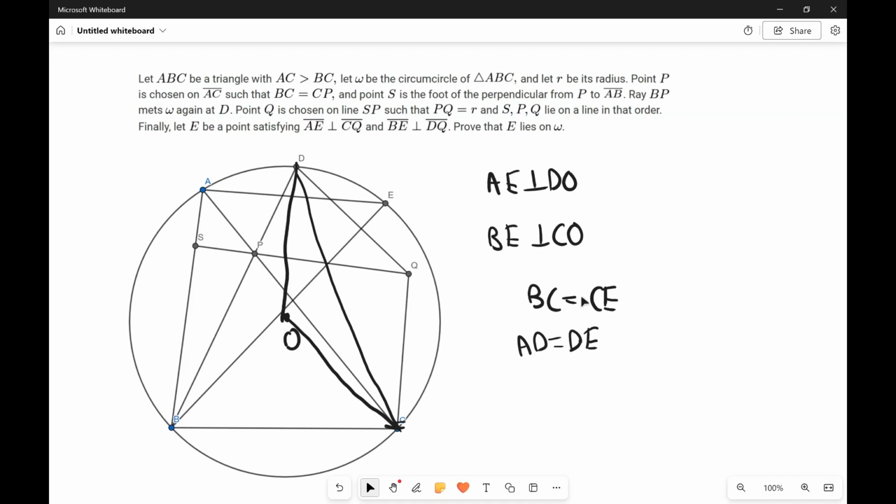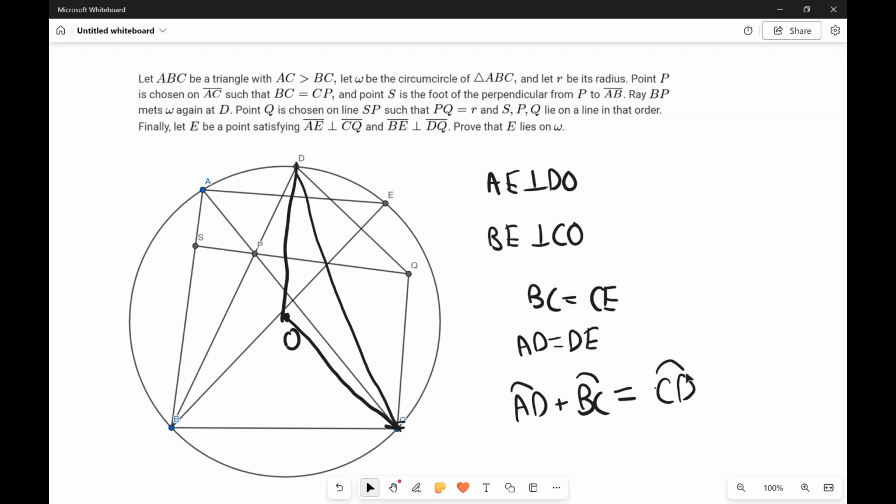So these are true if E lies on omega. And if we add the two, then we get AD plus BC, the arcs, is equal to the arc CE plus DE, which is just the arc CD.